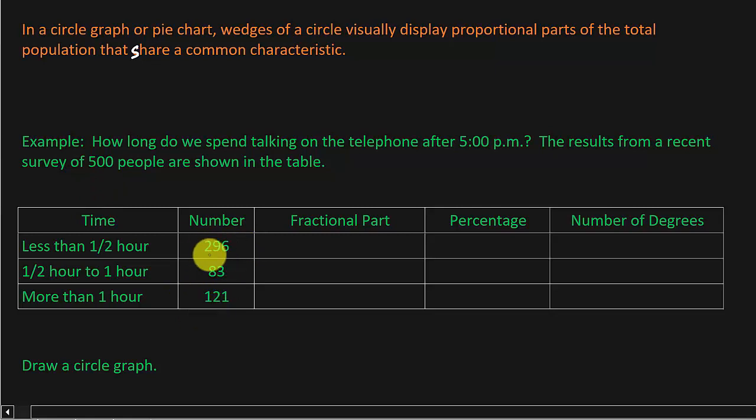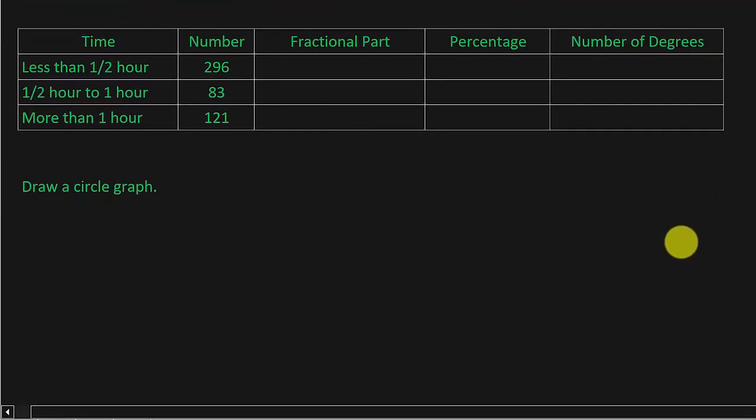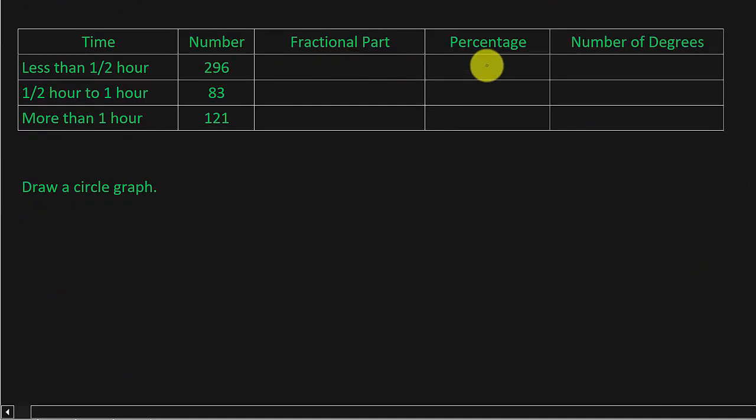All right, and we want to draw a circle graph. So how do we do that? Well, we've got to get some information. We need to get the fractional part, the percentage, and number of degrees. So the big question is, how in the world do we do that?